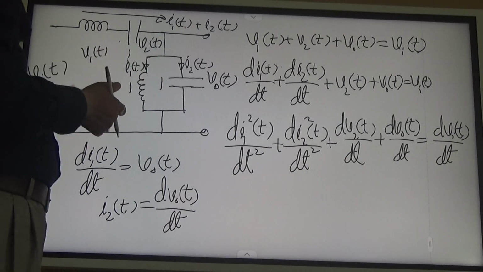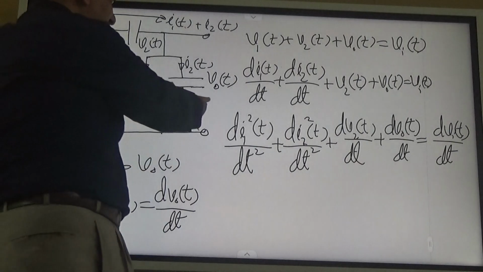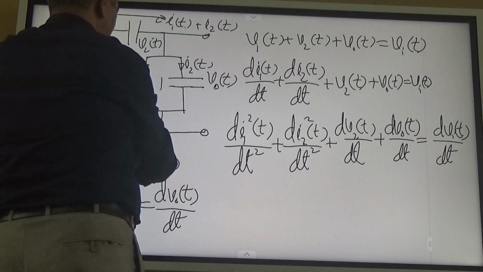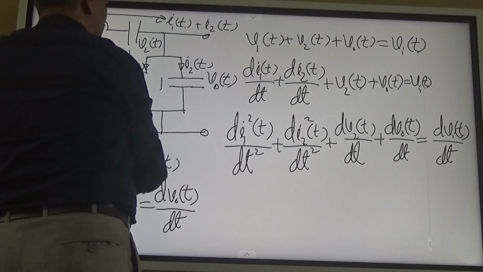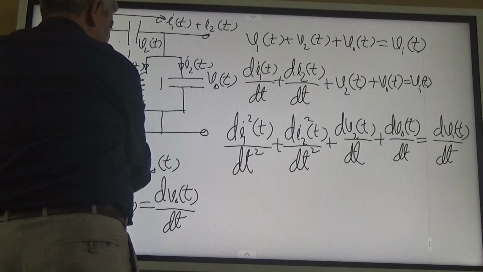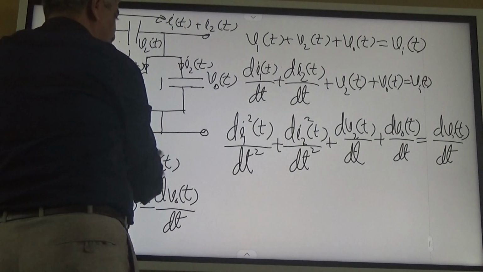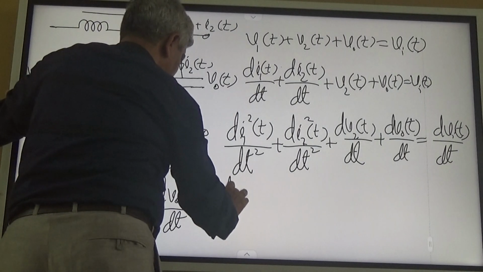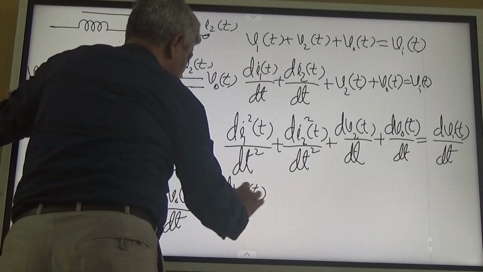Now, what is di by dt? V0. So this is what di by dt is, V0. So its differentiation, d square I(t) by dt square, is equal to dV0(t) by dt. So this term will be dV0(t) by dt.